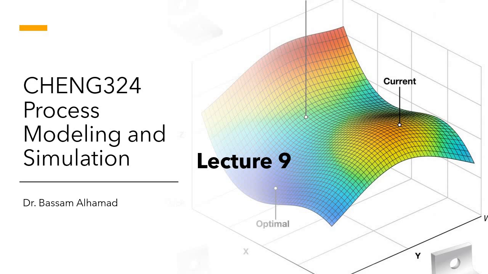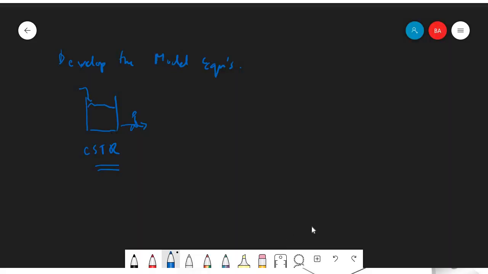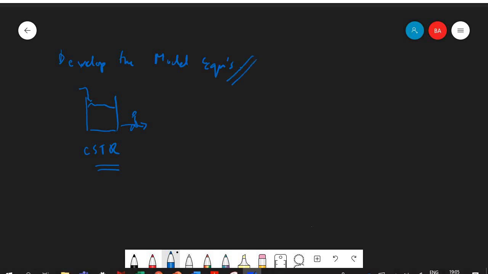We had taken a group of model equations, and we are going to work on taking some more examples of developing model equations.